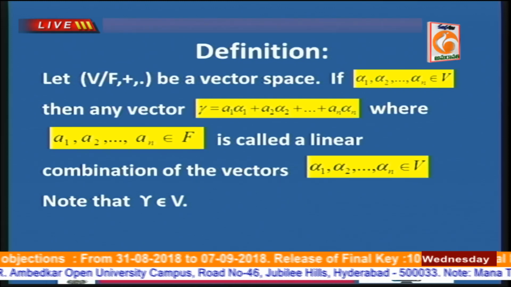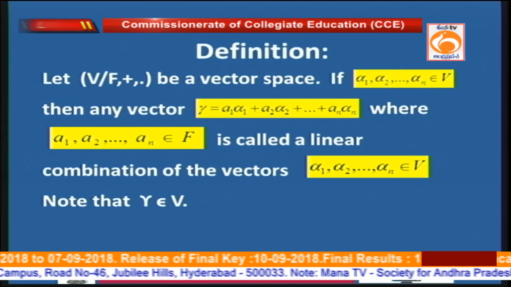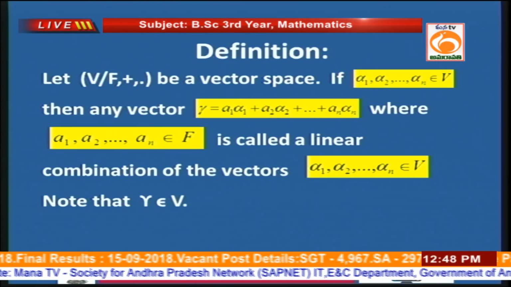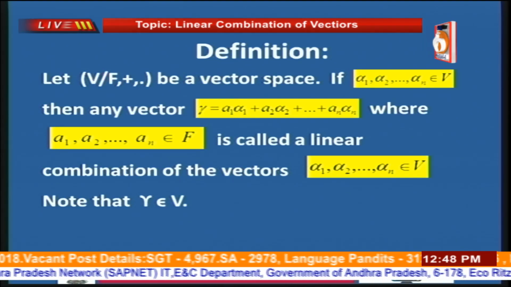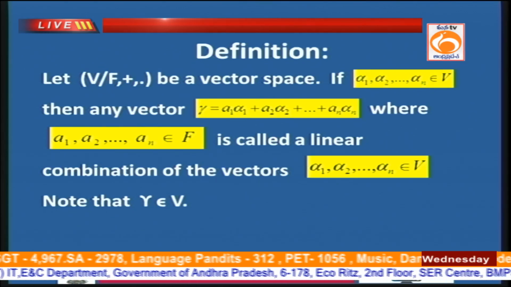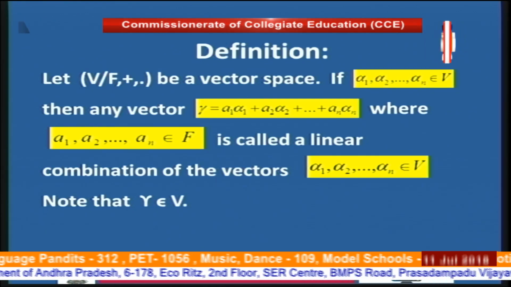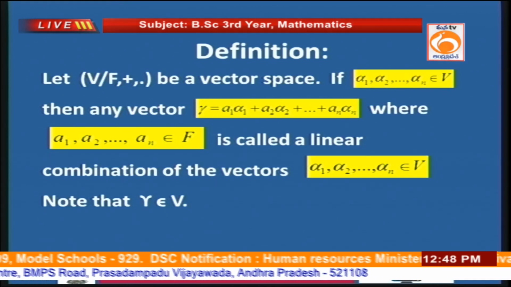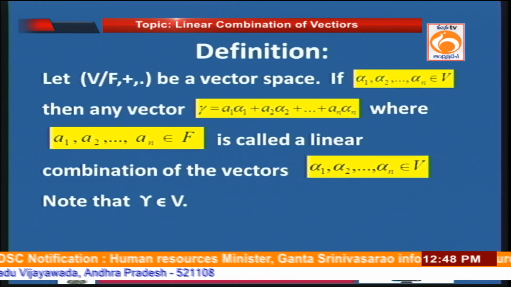Now, prepare any vector, which I denote by gamma. How is gamma defined? Gamma equals A1 dot alpha 1 plus A2 dot alpha 2 and so on up to An dot alpha n. I am simply multiplying these n vectors with n scalars, where A1, A2, up to An belong to F. So, I am getting a resultant vector gamma.